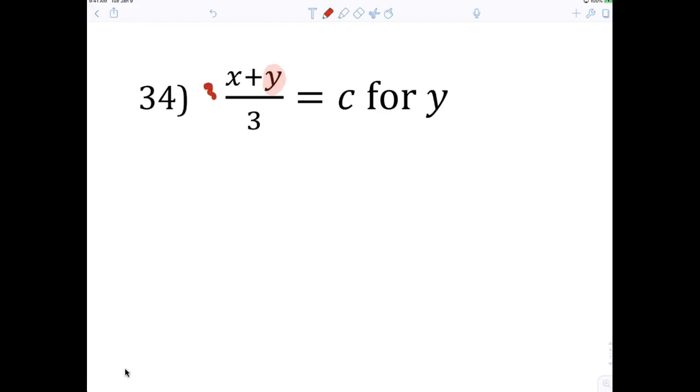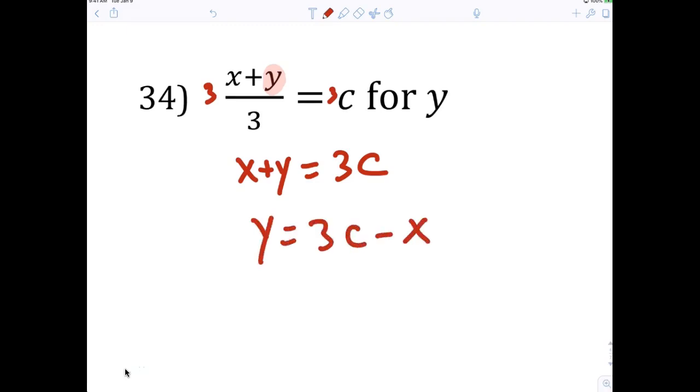Cancel out, so x plus y is c times 3. And then I subtract x from the other side, so y equals c times 3. So you can just say 3c, right? Yeah. 3 times c is 3c. Very good.